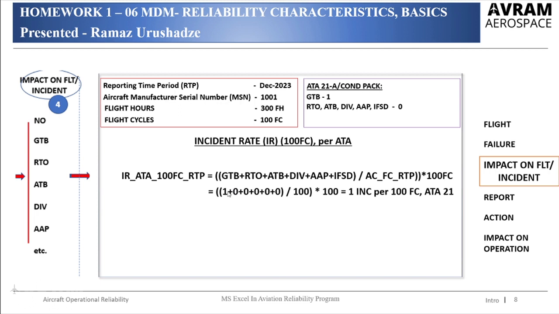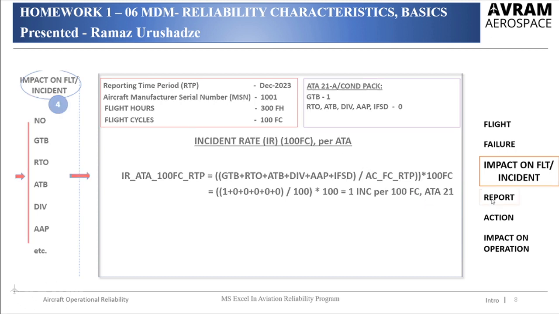As a result, numerator we have 1 plus 0, 0, 0, 0, 0, divide 100, multiply 100. Gives us 1 incident per 100 flight cycles for 8821 in December 2023. I think it's simple, right?